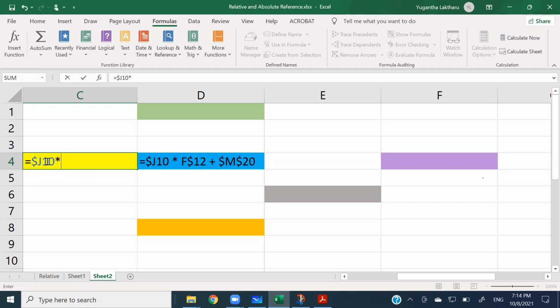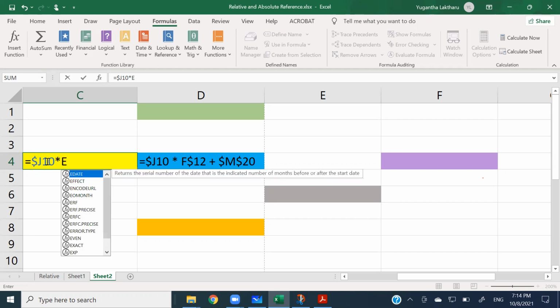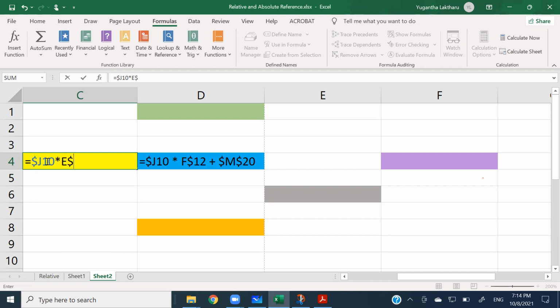F should become E. Right? Then $12, it's going to be the same. It's not going to change. And regarding $M20, we don't even need to think about it because we have the dollars. So $M20 goes the same way. Right? This is going to be the answer for the yellow color box.